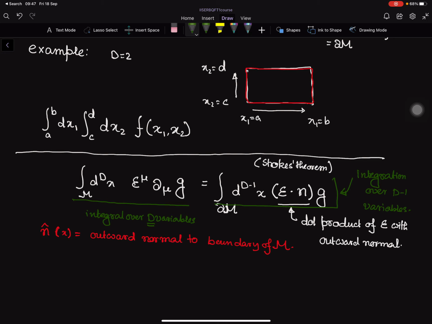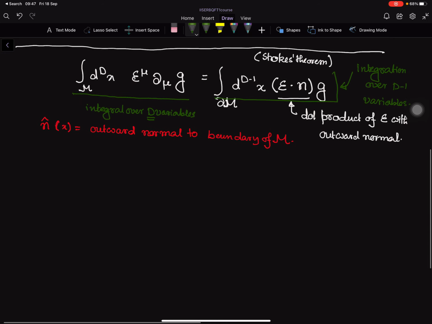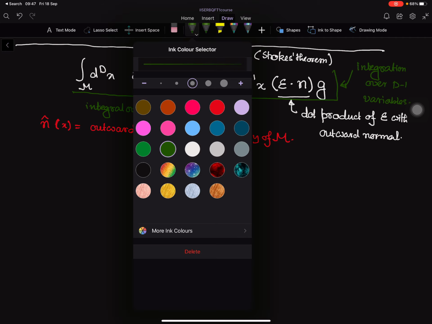Okay. So this is Stokes' theorem, and let's discuss some simple cases.